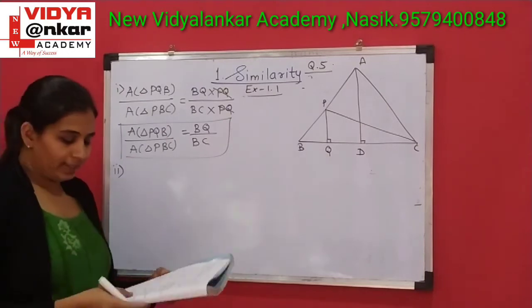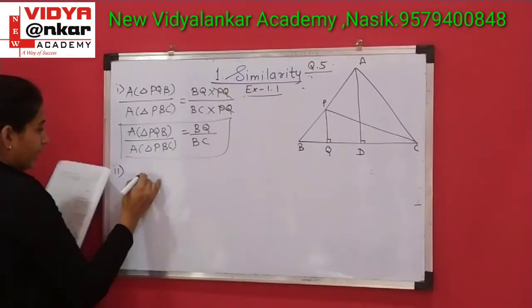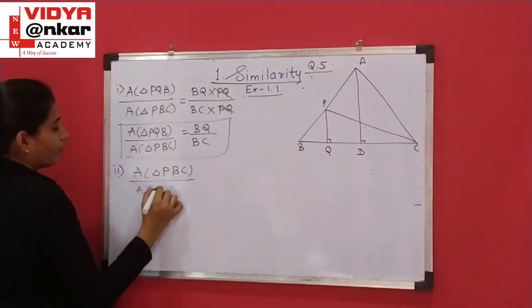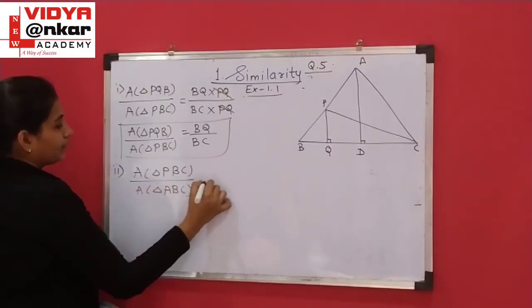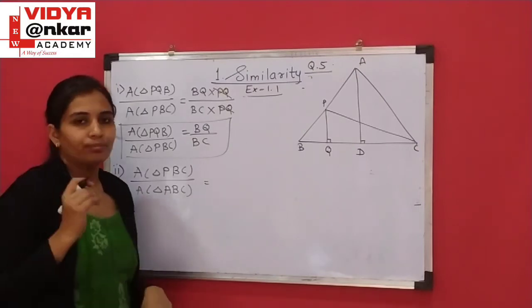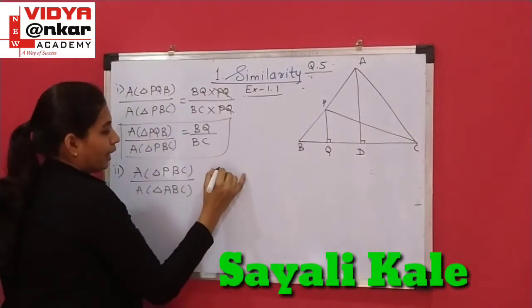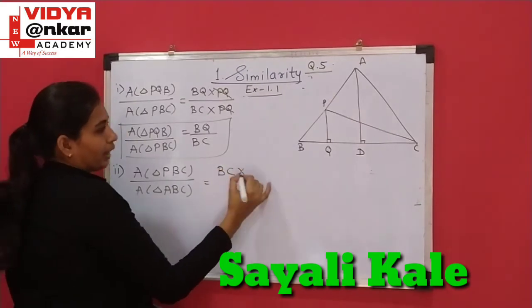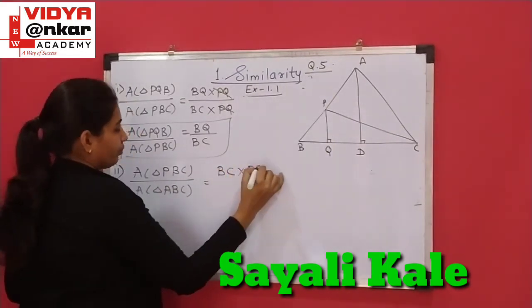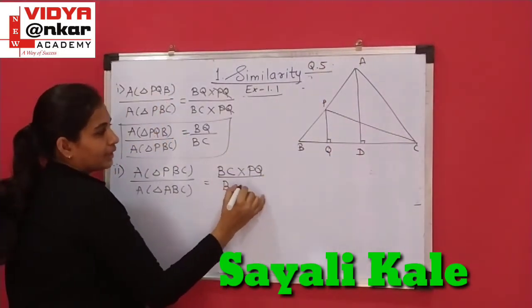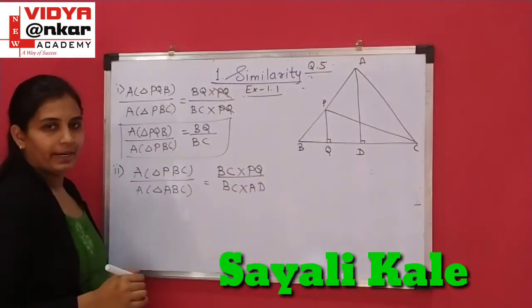Now the second ratio asked is area of triangle PBC upon area of triangle ABC. Now observe both the triangles again. Triangle PBC has base BC and height PQ. For triangle ABC, the base is BC and the height is AD.